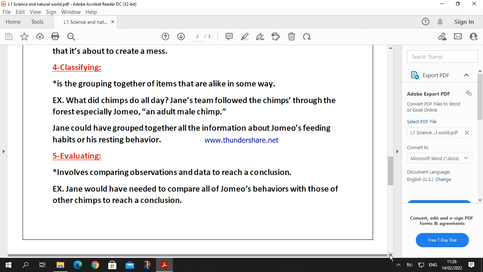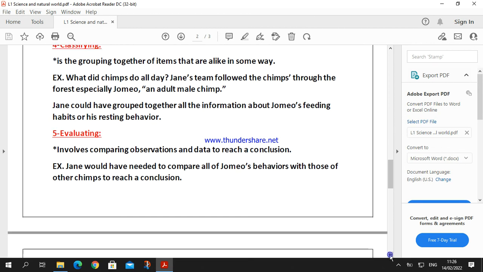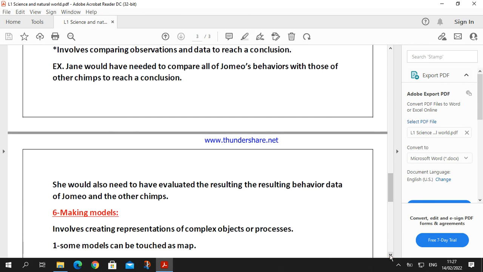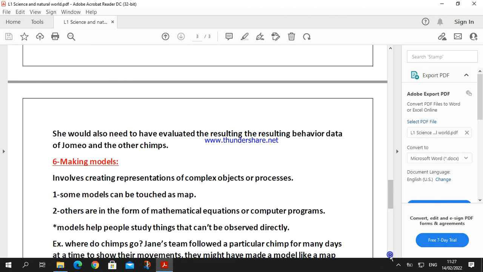Jane would have needed to compare all of Jomyu's behaviors with those of other chimps to reach a conclusion about chimps' habits and behavior during the day. She would also need to have evaluated the resulting behavior data of Jomyu and other chimps.